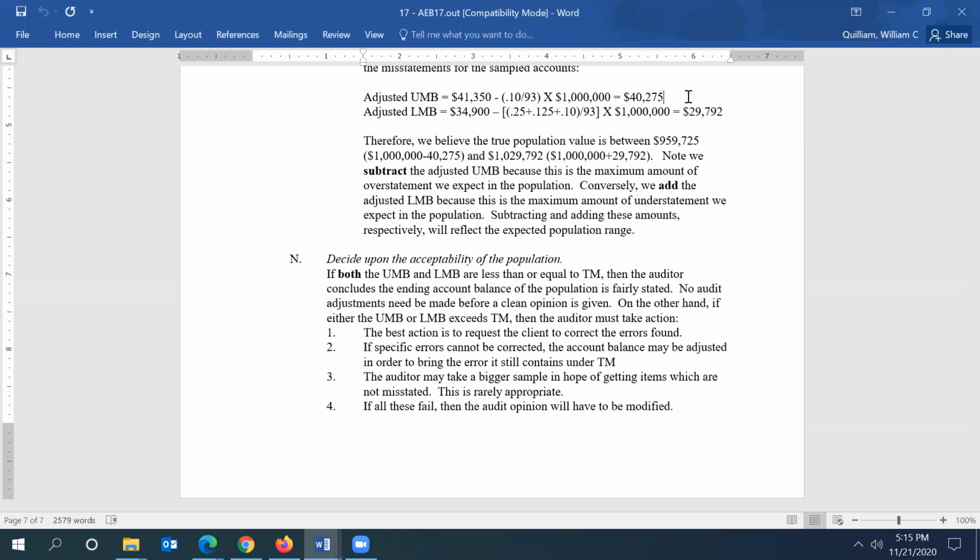So we had one overstated account receivable of 25%, one of 12.5%, and one of 10%. I take the corresponding decimals and I simply add them together and divide by the sample size of 93 to get a type of mean. Let's multiply that by the book value of $1 million and subtract it off. When we do, we come up with an adjusted lower misstatement bound of $29,792.